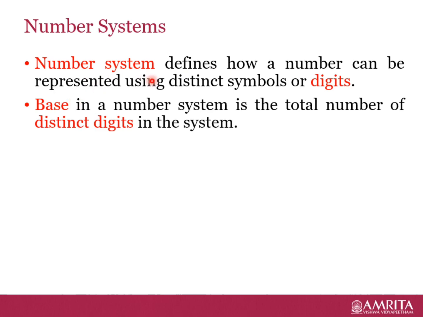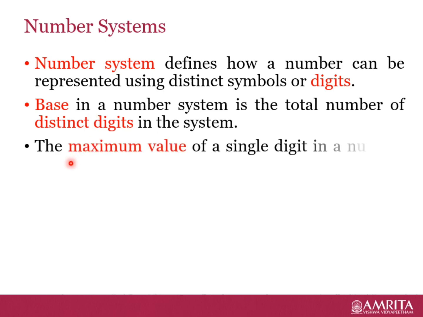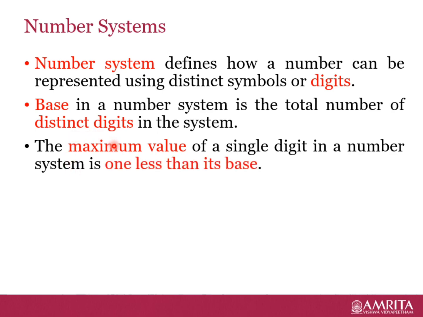Digits is the basic building block using which the entire set of numbers in that number system are generated. It is somewhat similar to a letter in an alphabet. And base in a number system is the total number of distinct digits in that particular number system. And the maximum value of a single digit in a number system is one less than its base.